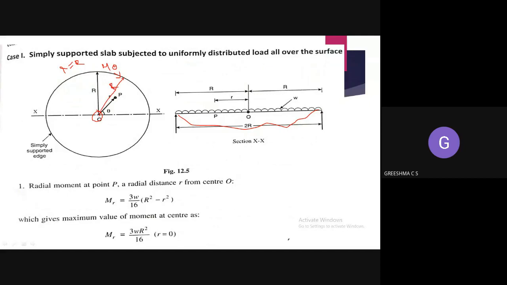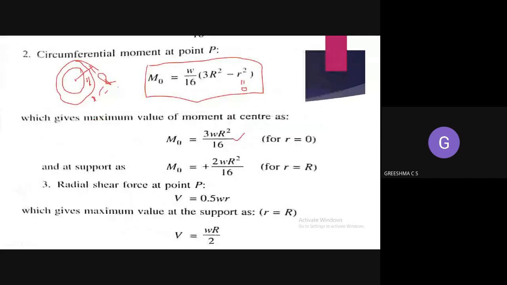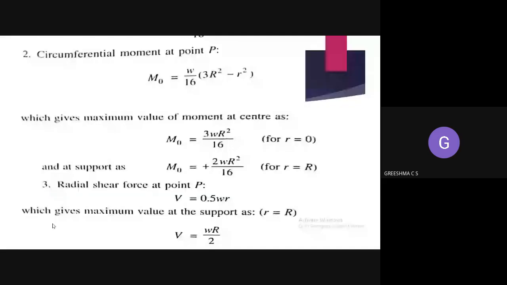So to find out the circumferential moment at the supports, substitute small r is equal to large R in this equation, and you'll get the answer: M theta is equal to 2wR square divided by 60.